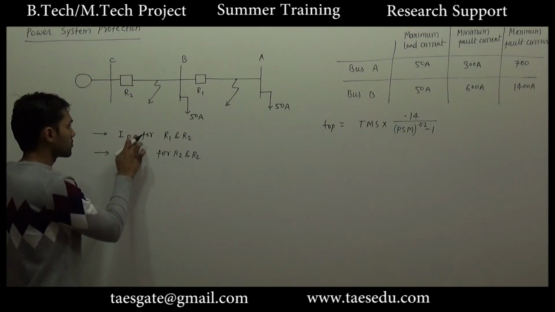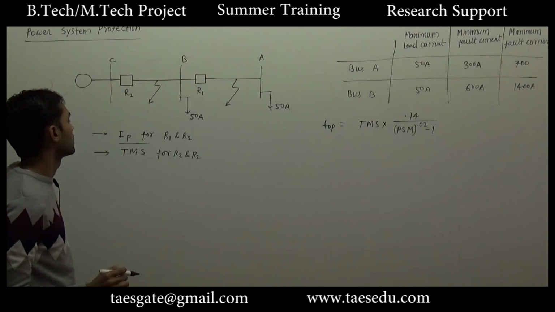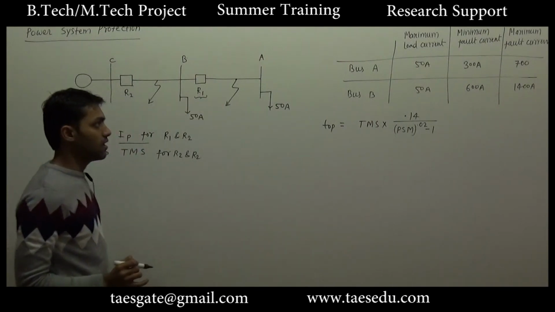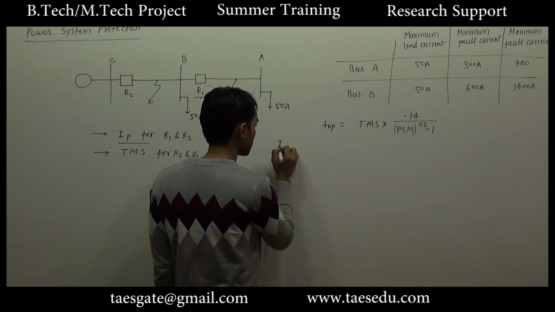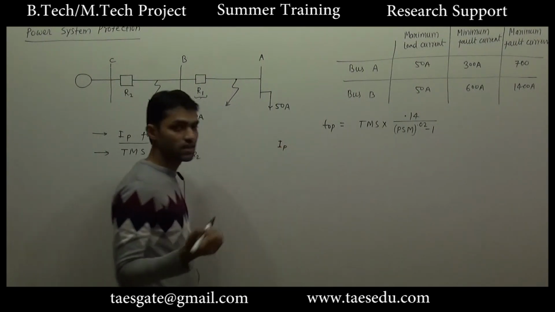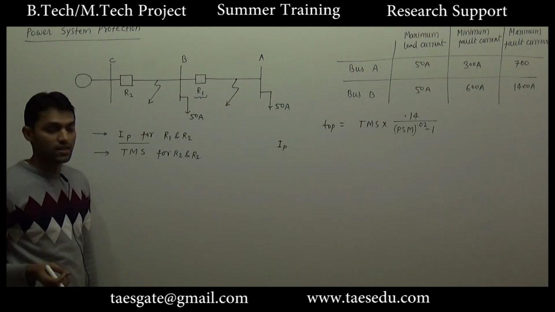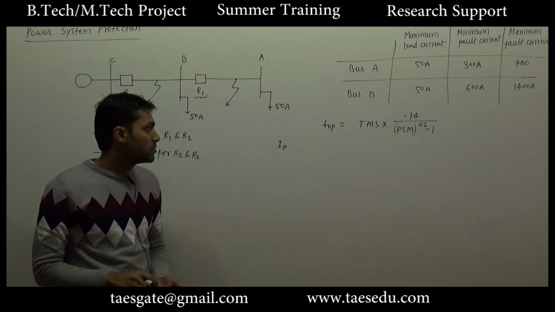Okay, so let us first talk about the pickup current of relay R1. Obviously the pickup current is the current which will be considered as fault current, or at which the operation of the relay may be started.